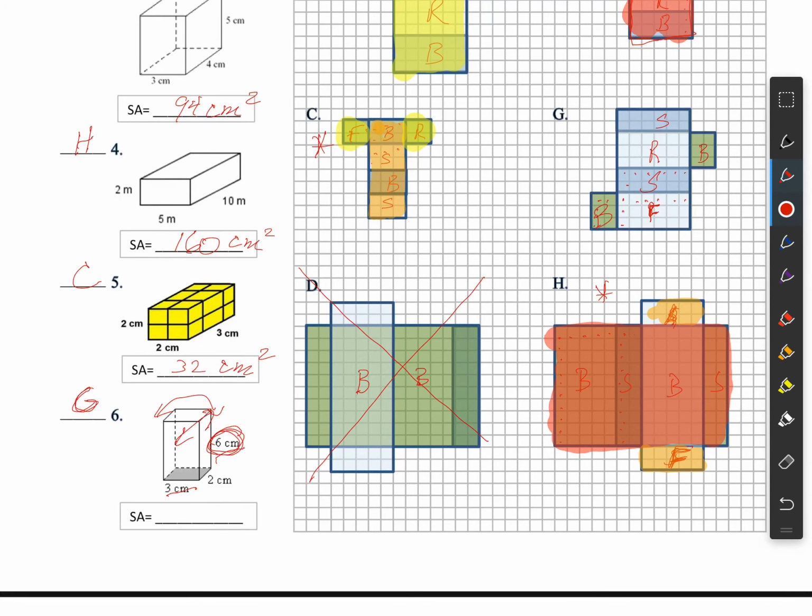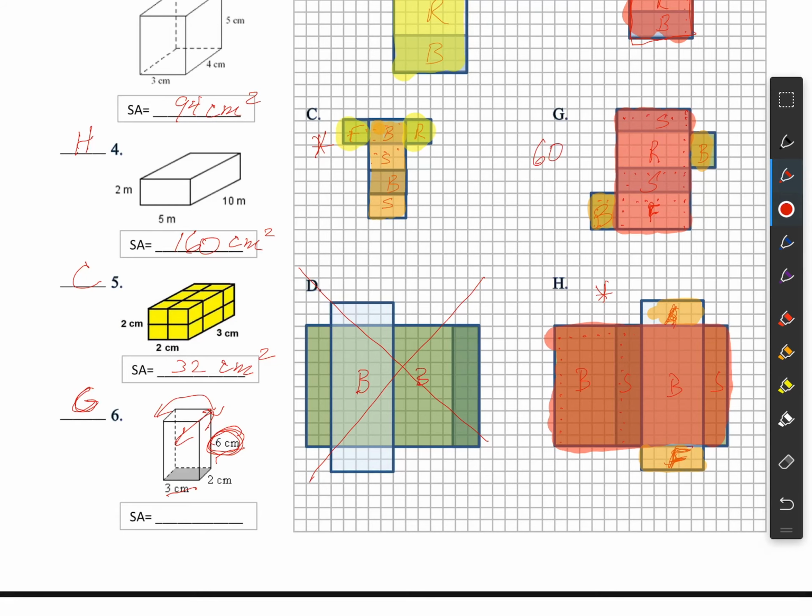And then our surface area, again, let's take the biggest one possible, which would be this area first. Okay, and to that we're going to add these other smaller areas. Okay, so we have a 1, 2, 3, 4, 5, 6 by 1, 2, 3, 4, 5, 6, 7, 8, 9, 10. So I have a 6 by 10 rectangle. That's easy enough.